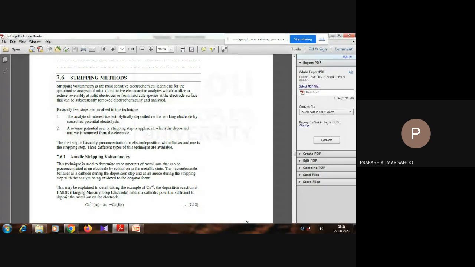So there are two steps of the stripping method, that is, the analyte of interest is electrochemically deposited on the working electrode. So this is just the same as the electrogravimetric method which we studied yesterday, by controlling the potential through a resistor.